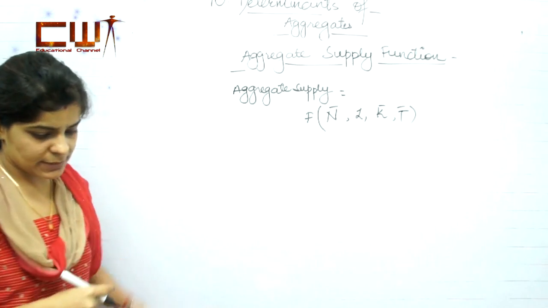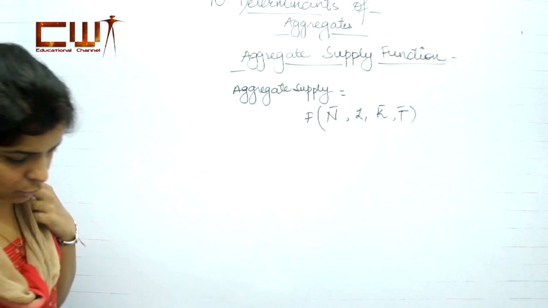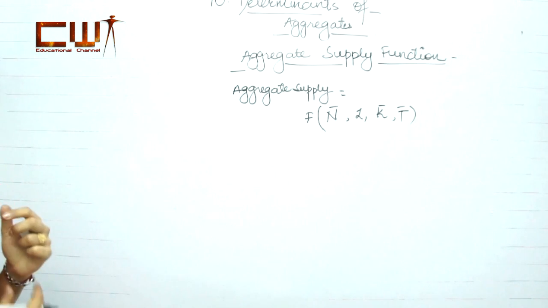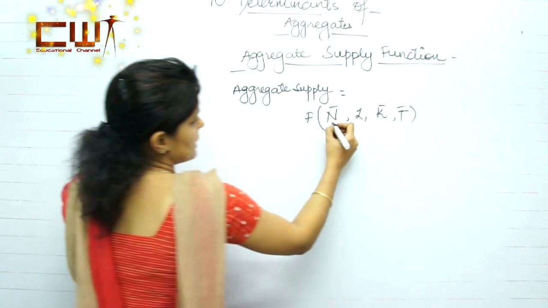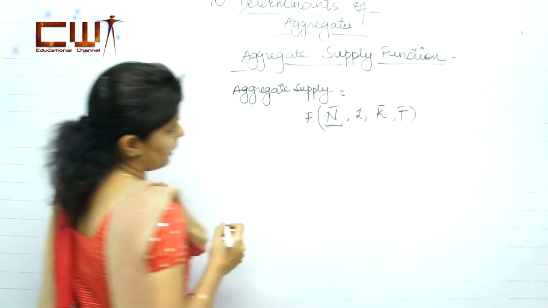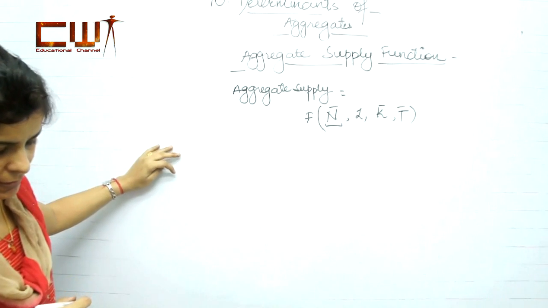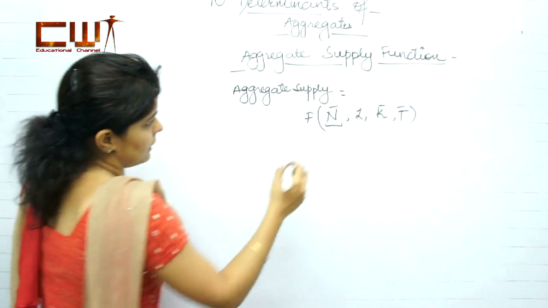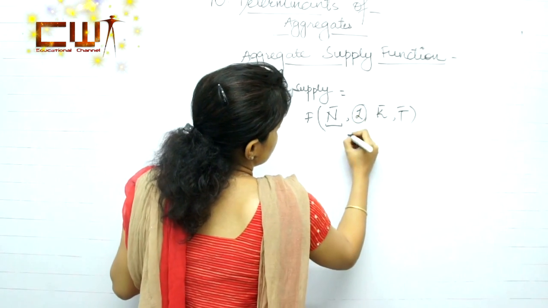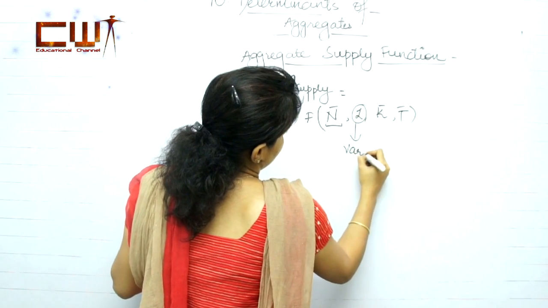Right? Now what is N bar? It is considered to be natural resources, that is raw materials. This is said to be constant. Alright, then you say K. K is the capital. I have not put a bar on this, which means this is variable in nature.